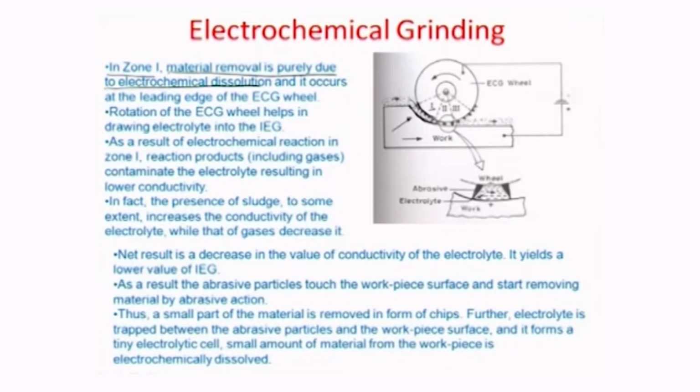Rotation of this ECG wheel of course helps in drawing the electrolyte into the IEG. So it is a self-priming process. Even if the electrolyte is only in the near vicinity and you are moving the grinding wheel in a certain direction, it is obvious that the small fragments sticking out as abrasive particles on the wheel would paddle the electrolyte.